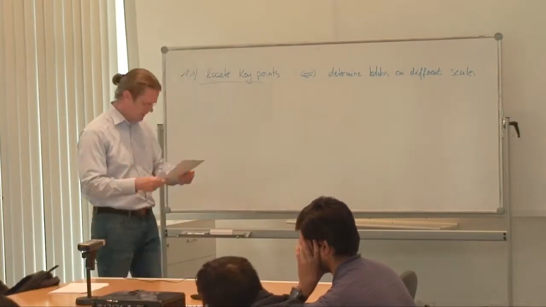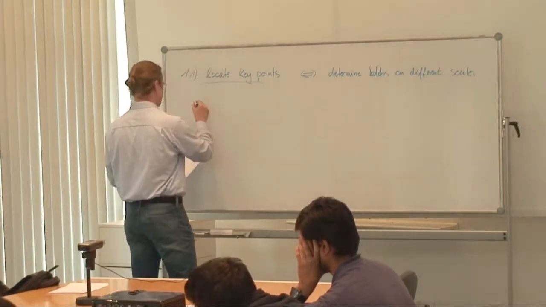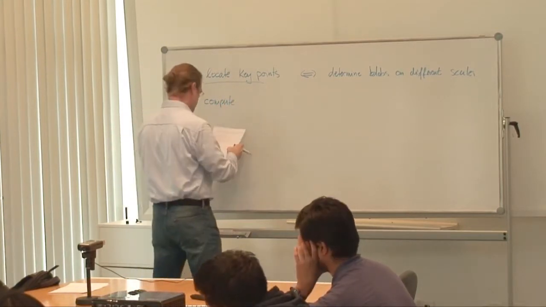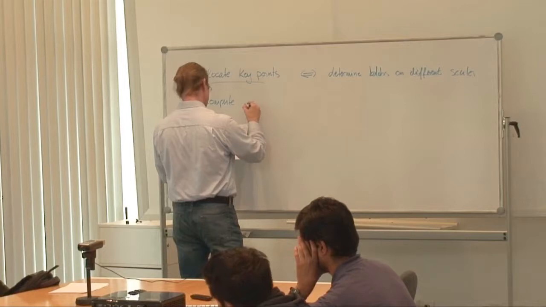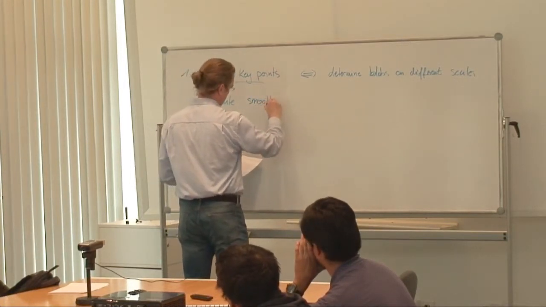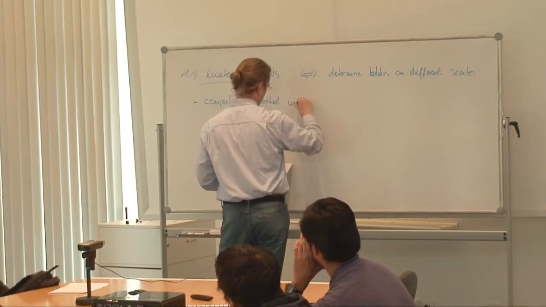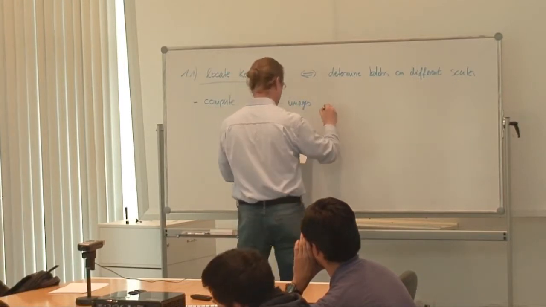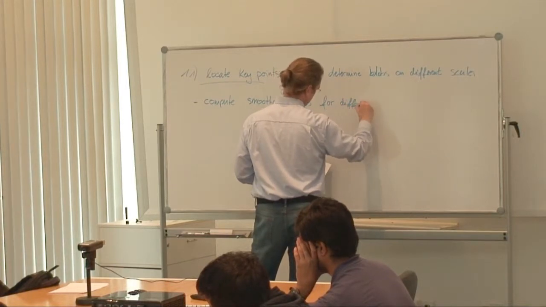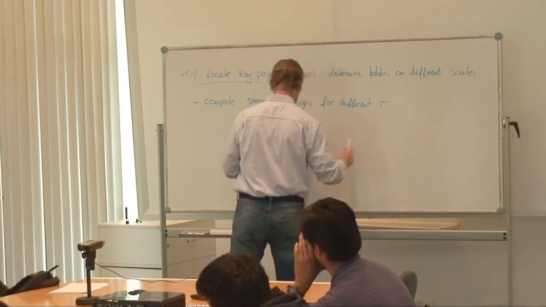Well, given what we discussed earlier, we can easily convince ourselves that we compute smooth images for different choices of sigma.